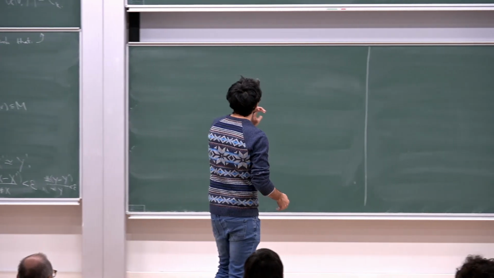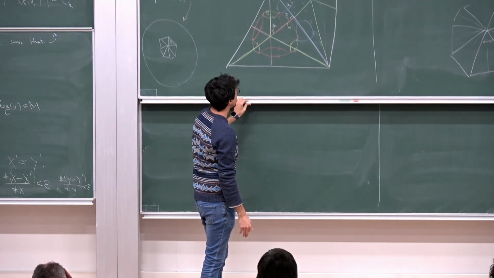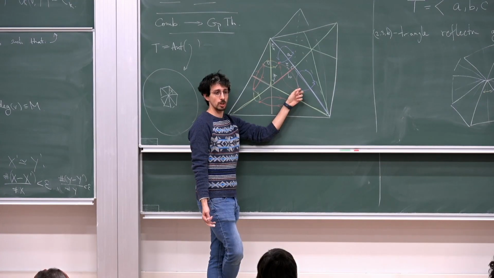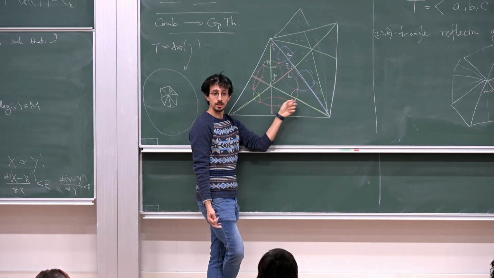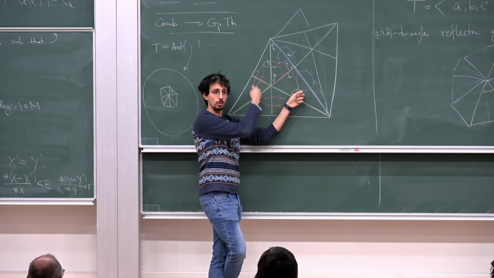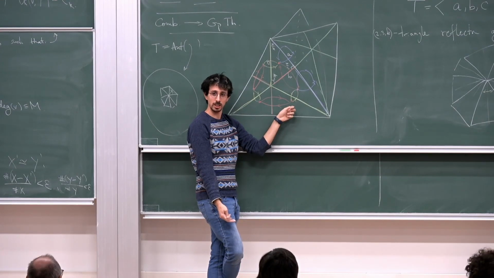And why is that? So for instance, what could happen here is that, say, this point could potentially be a fixed point for A. But in anything that comes from a geometric picture, with a barycentric subdivision, it has to send this triangle to the neighboring triangle. It cannot be a fixed point.